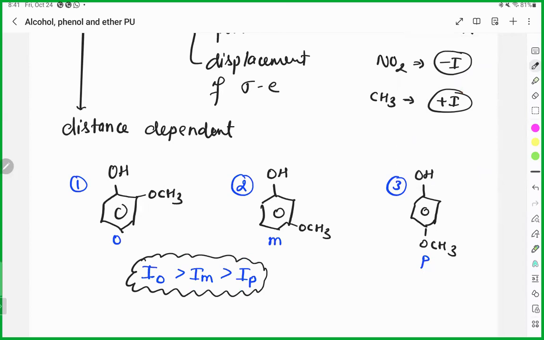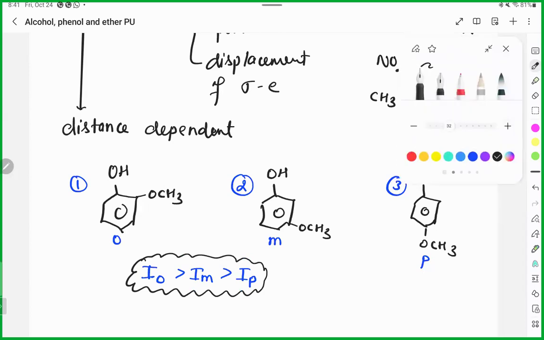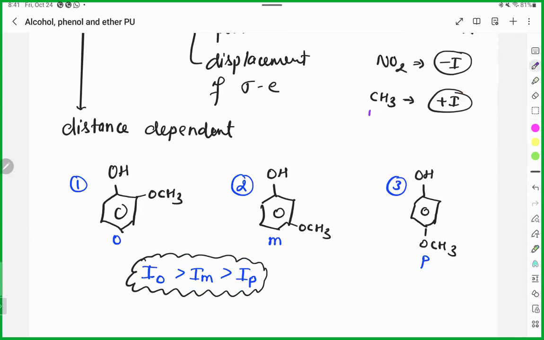Now we have to decide whether this OCH3 group is an electron withdrawing group or an electron donating group. For a withdrawing group, we use the minus I word. For a donating group, we use the plus I word. This is an electron donating group, this is an electron withdrawing group. Samarth, now you tell me, is OCH3 an electron donating group or an electron withdrawing group? Donating group, sir. Withdrawing group.